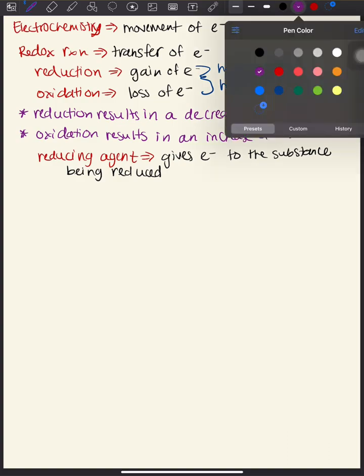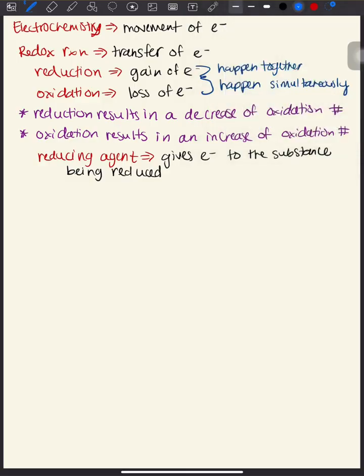So what that means is this is actually the thing that is being oxidized. So the reducing agent is something that causes the other species to be reduced. And that means that it loses an electron so that the other species can gain an electron. So the reducing agent is actually the thing that is being oxidized.